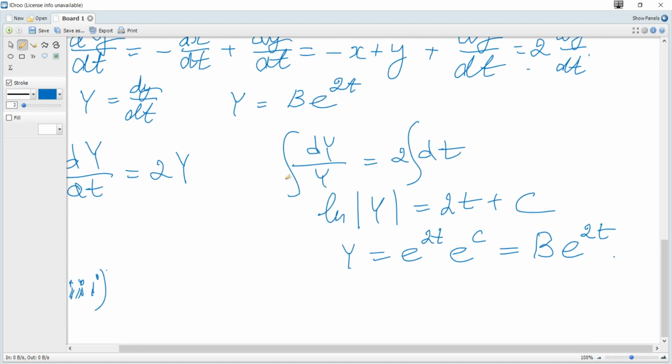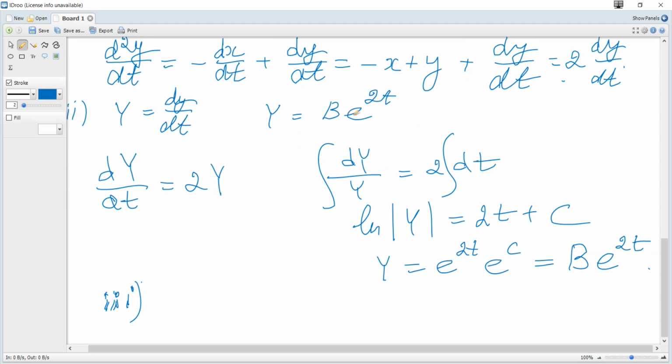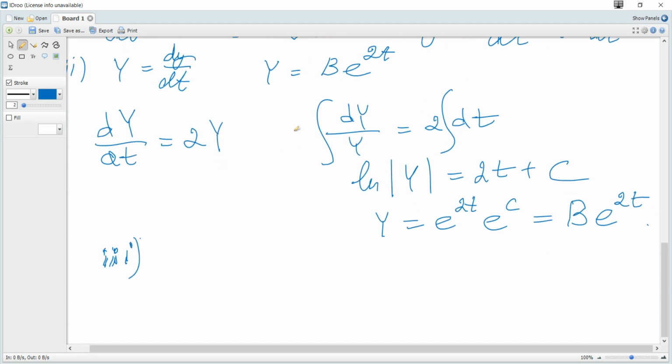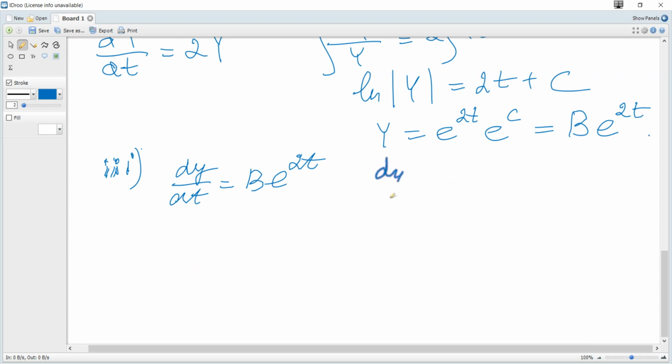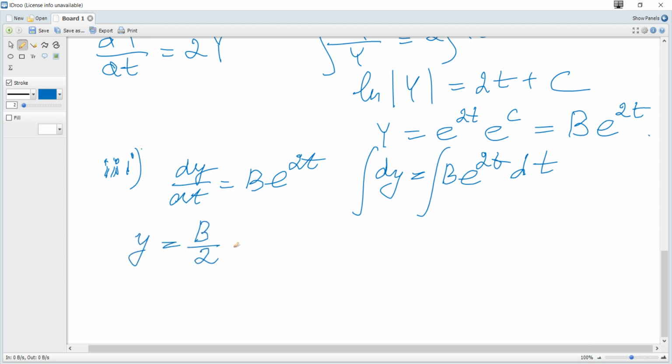Capital Y is b multiplied by e^(2t), but capital Y is dy/dt, so dy/dt = b e^(2t), and hence dy = b e^(2t) dt. Integrating both sides we get that y is (b/2) e^(2t) plus some constant.